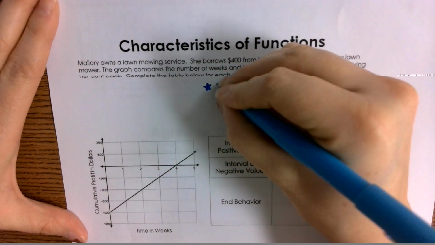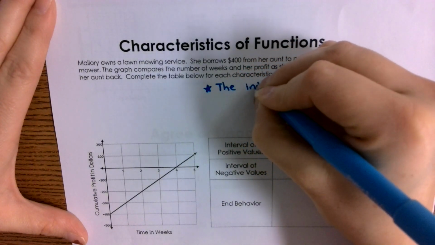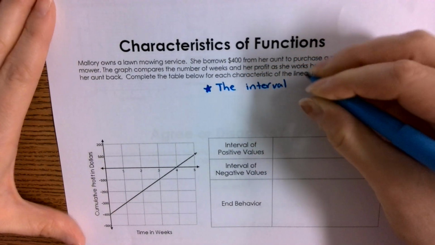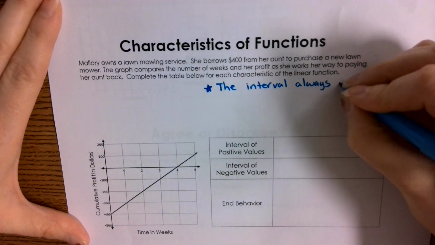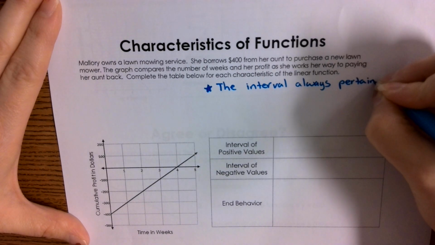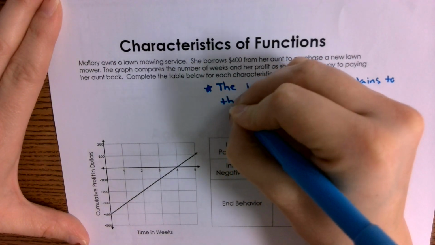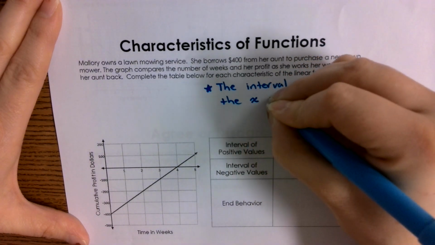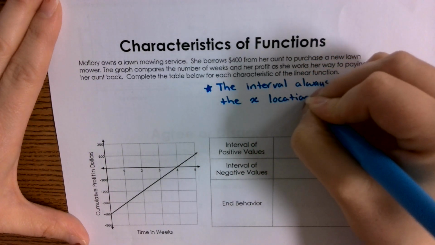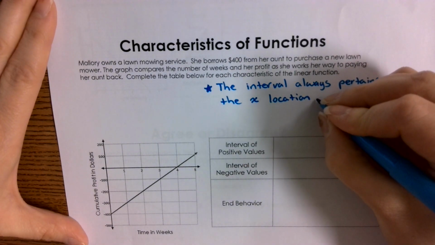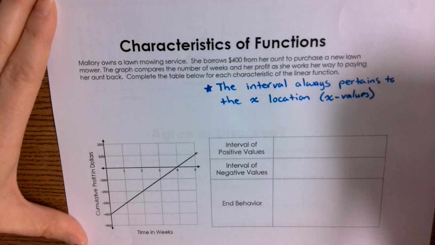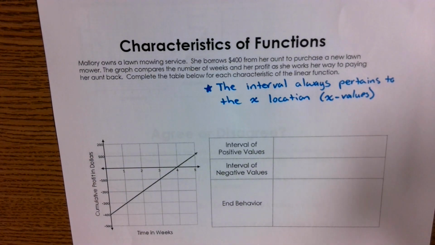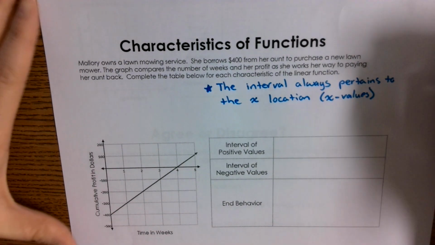When we discuss the interval in these situations, it always pertains to the x location, or our x values. When we're talking about our interval of positives and interval of negatives, we're focusing on basically reading the graph from left to right. In fact, I want to put that down.